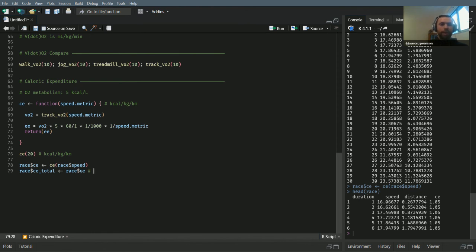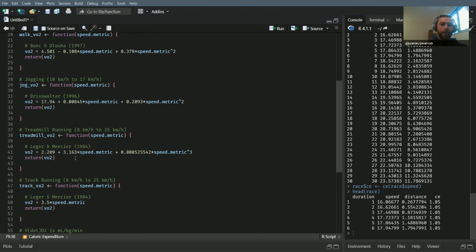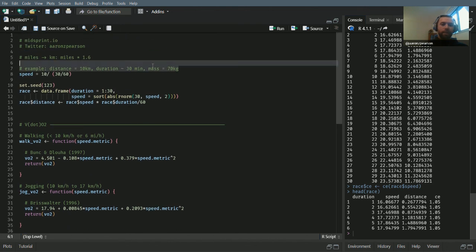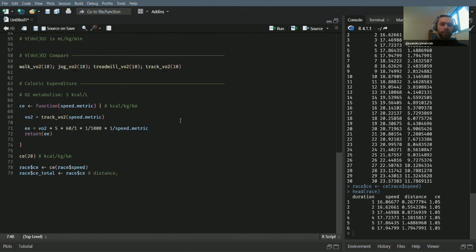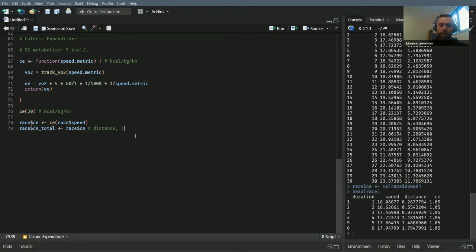So to get our distance or kilometer, we have that here. So we have our distance variable, and we do know from above here that our individual weighs 70 kilograms. So let's not forget that. That's going to come in handy right now.